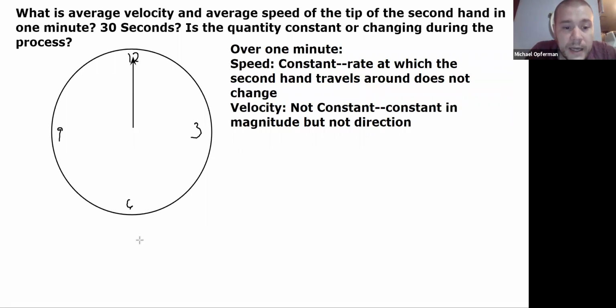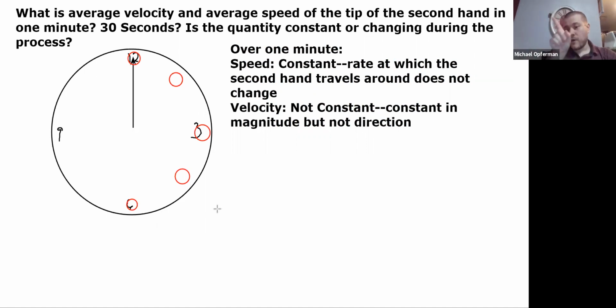Consider the tip of the second hand here at several different moments as it goes around. So like maybe it's here, and then it's here, and then here, and here, as it goes around. I'll just do the 30-second case here because that'll be enough to consider both at once. Which way is the velocity?